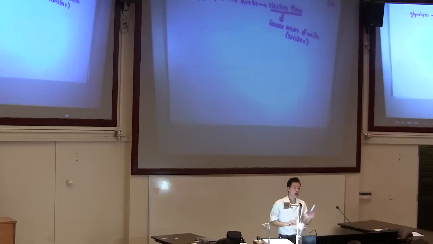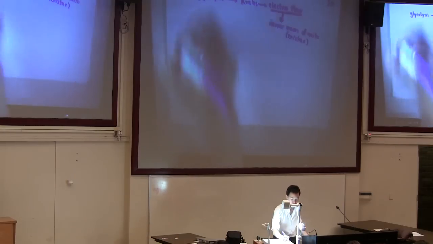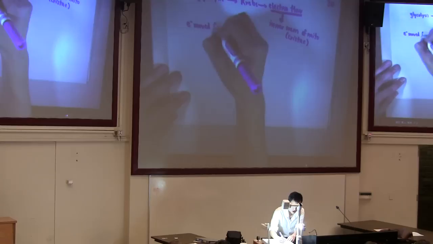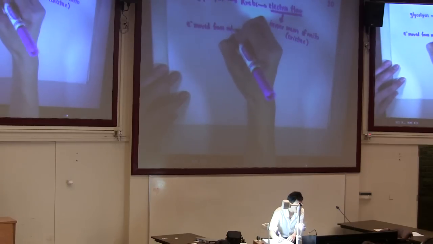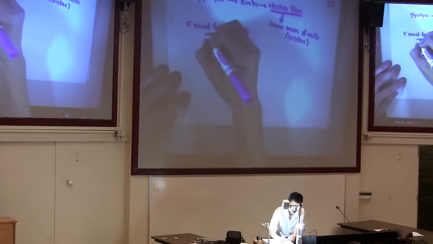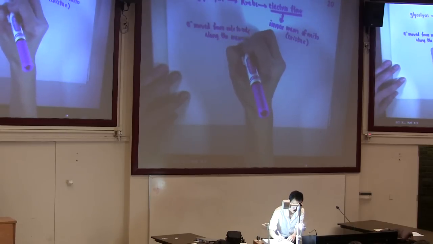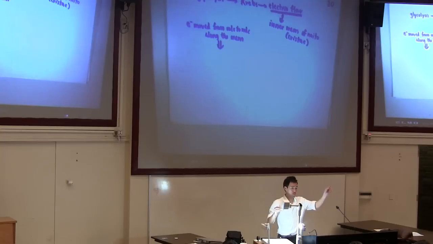Okay? So what happens in electron flow? An electron is moved from molecule to molecule along the membrane. This should remind you of electron flow in photosynthesis.